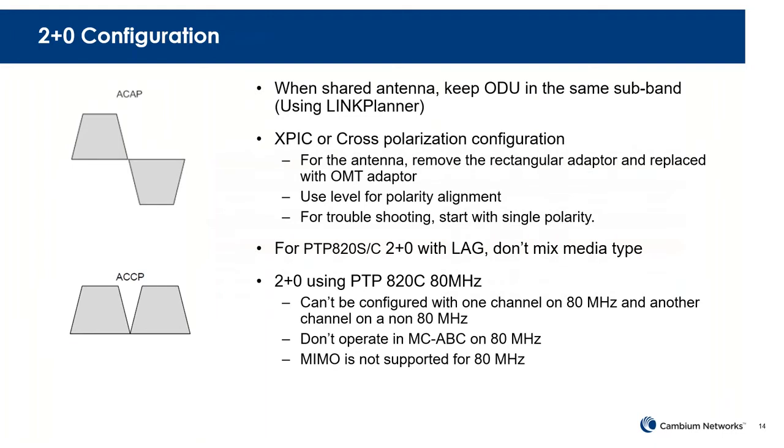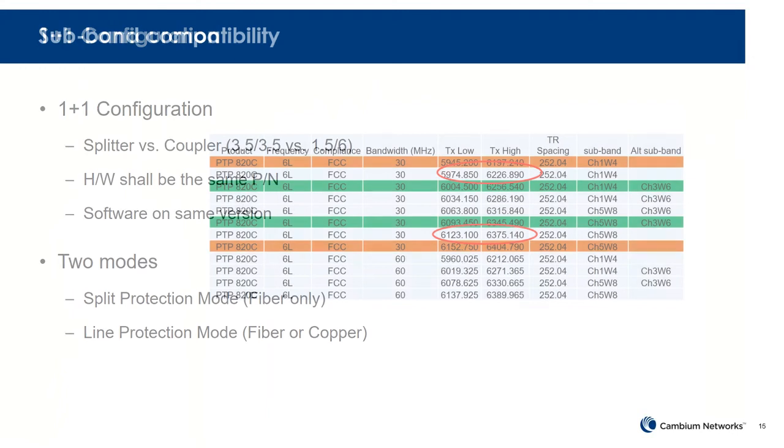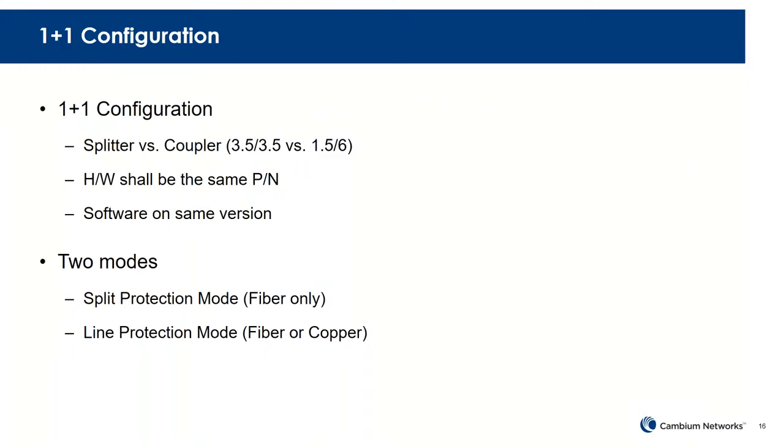So with an 80 megahertz channel, you don't want to operate with MCABC. And also, we don't support MIMO with 80 megahertz.